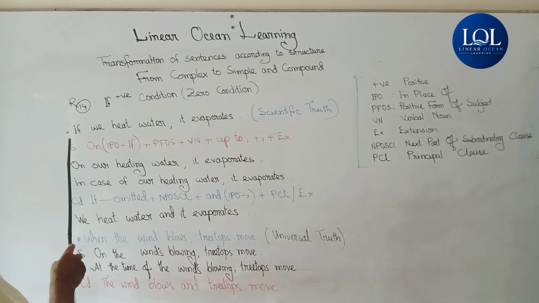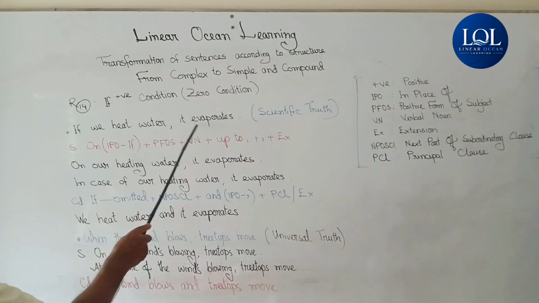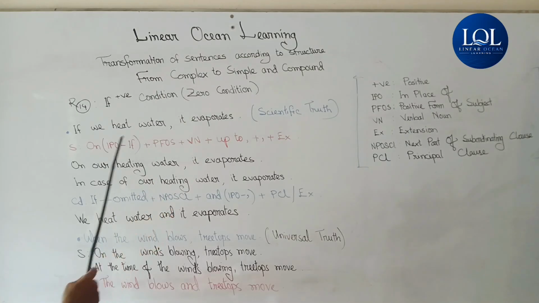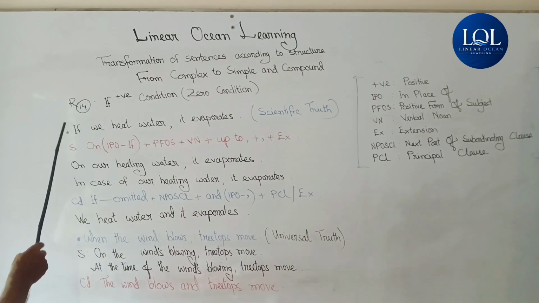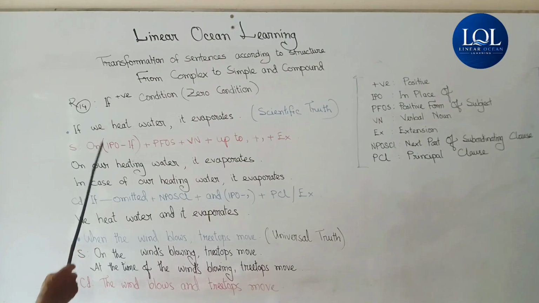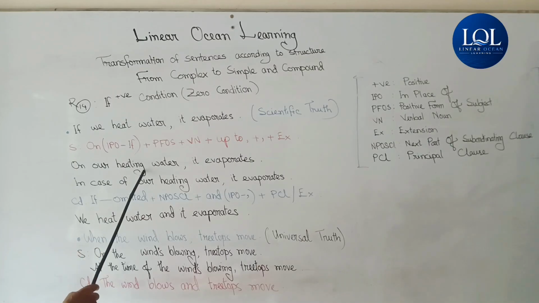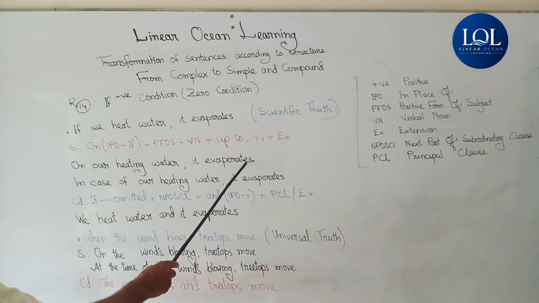Then principal clause. Viewers, this one is subordinating clause: if we heat water. It evaporates, this one is principal clause. If we follow the structure on in place of if plus possessive form of the subject our, then verbal noun of heat is heating, then up to comma water, then principal clause or extension, it evaporates.